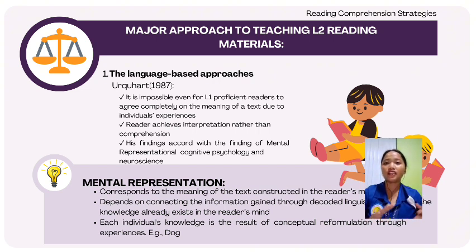Second is that understanding depends on connecting new linguistic information with prior experiences. And the third is each individual reinterprets information based on their personal knowledge, a process called conceptual reformulation. For example, the word dog may evoke different images depending on a person's experiences with a dog.